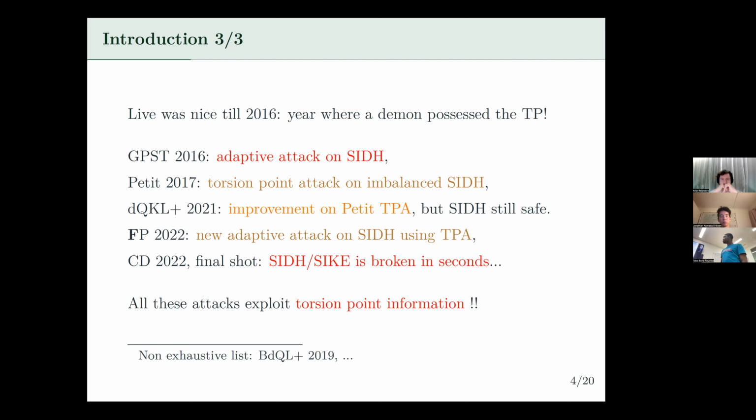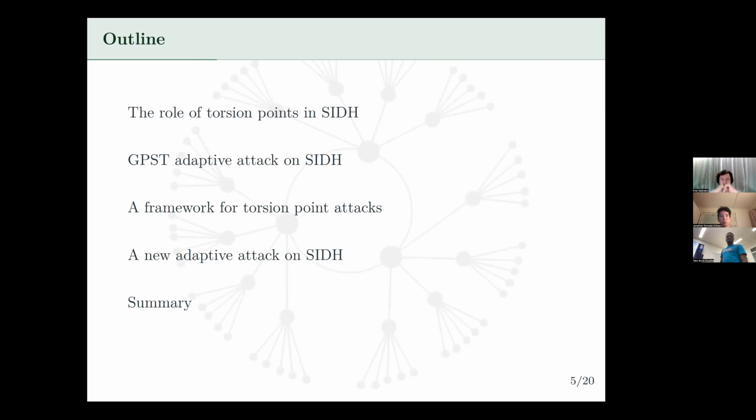So with this, we will now dive into our presentation, where the first thing will be to present the role of the torsion points in SIDH. Why do we have torsion points in SIDH? We will briefly describe the GPST adaptive attack.